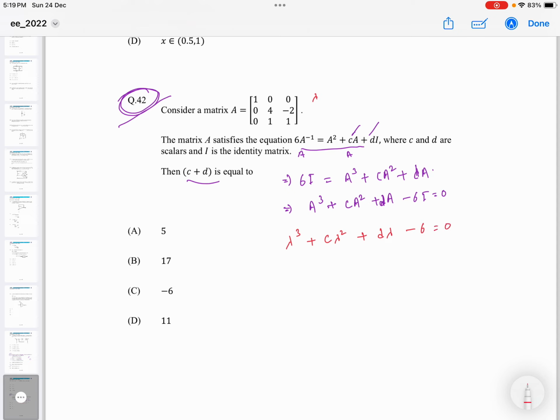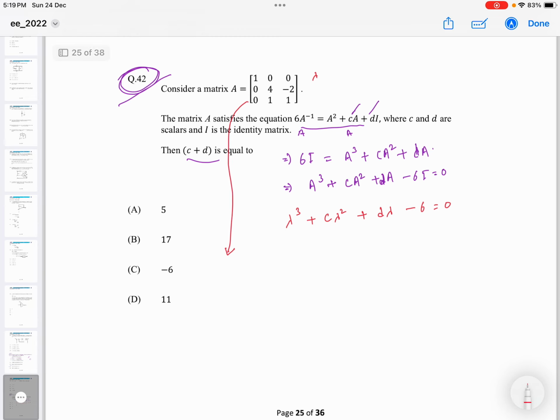We can find the characteristic equation of matrix A, where the determinant of A minus lambda I is equal to 0. First let's find A minus lambda I: 1 minus lambda, 0, 0; 0, 4 minus lambda, minus 2; 0, 1, 1 minus lambda.